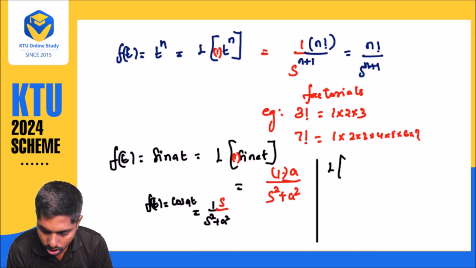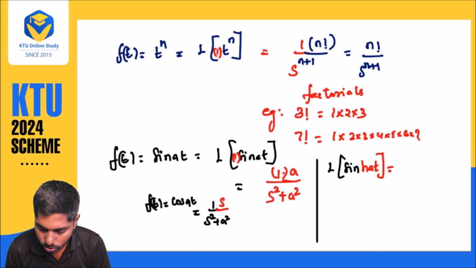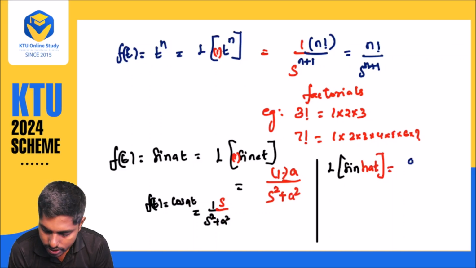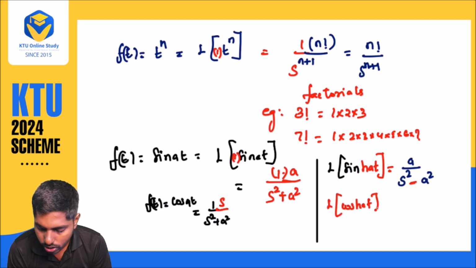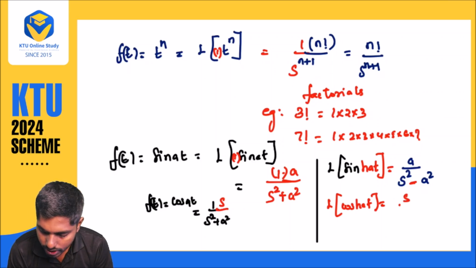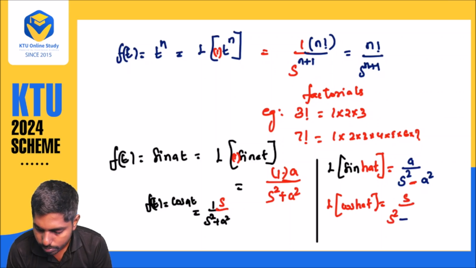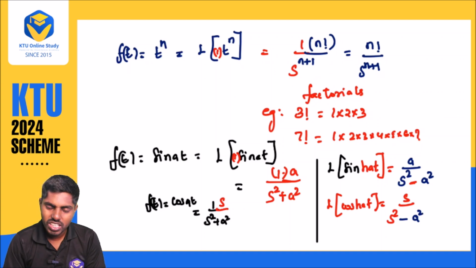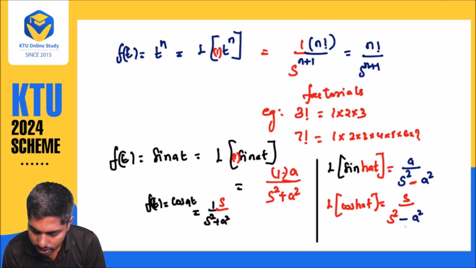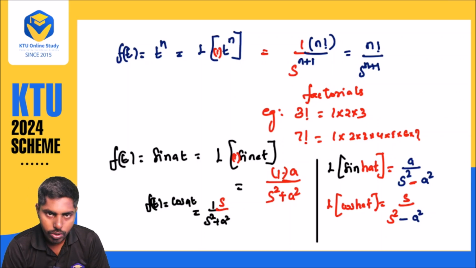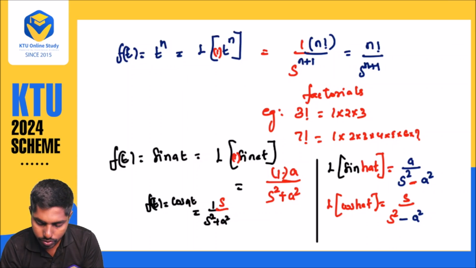That is L of sin hat is the same formula, a divided by s square, here minus a square. Similarly, L of cos hat is s divided by s square minus a square. Very simply, you recollect the formula: if h is coming, it is negative; if h is not coming, it is positive.